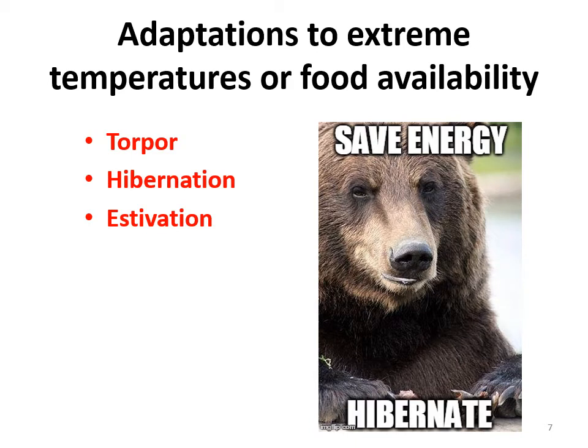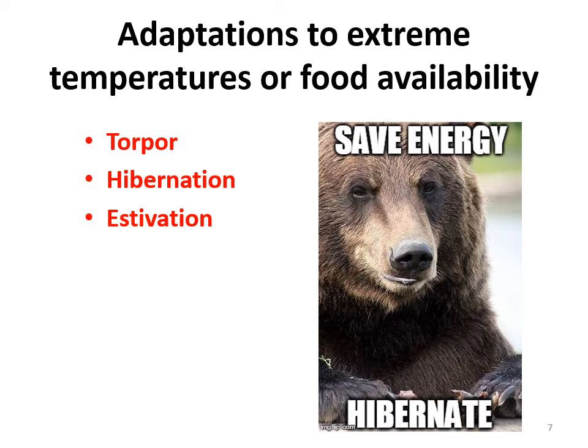Now, the two big examples of torpor are hibernation and estivation. Now, everyone has heard of hibernation, but not so many people have heard of the term estivation. So what these mean, hibernation is the form of torpor where the organism will have that decreased activity and decreased metabolism over a long period of time.